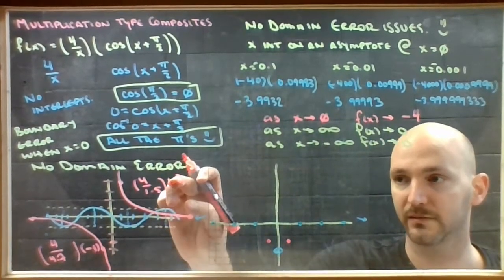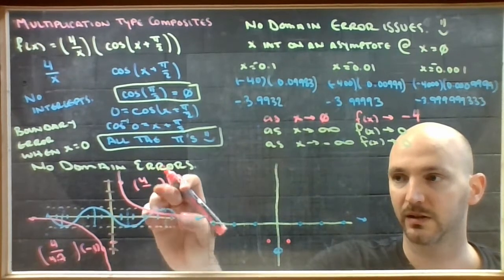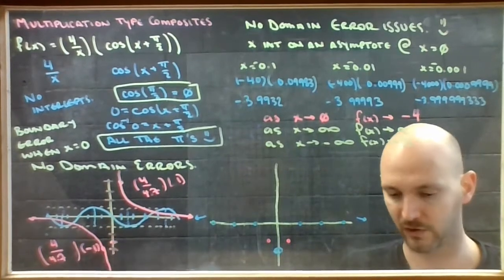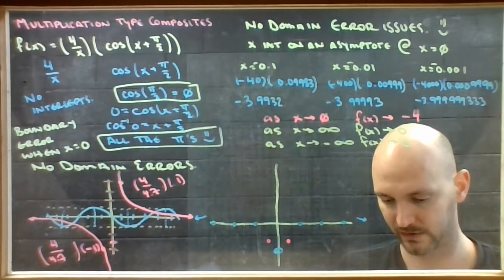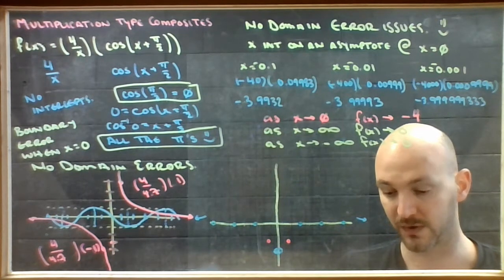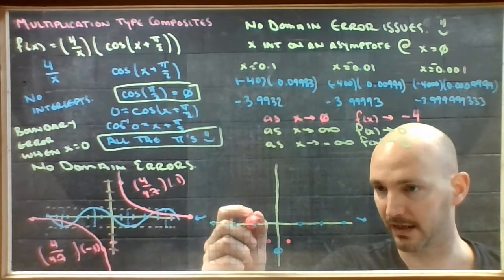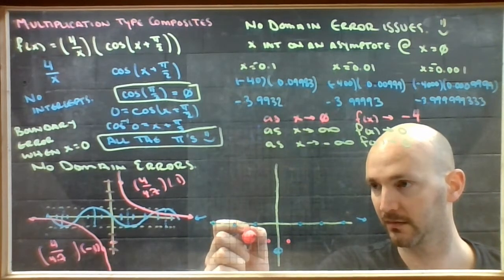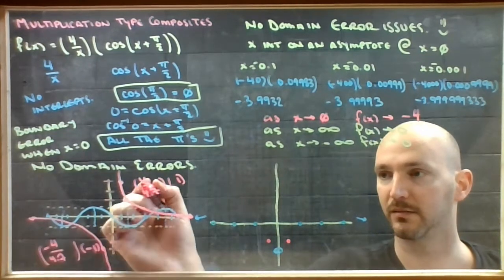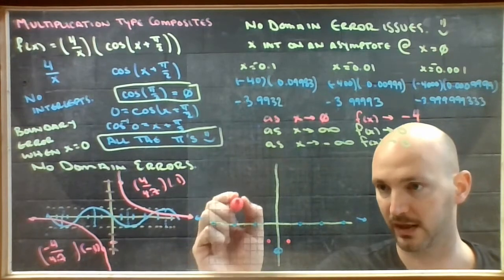On this side, it's a peak at 3 pi over 2, and 3 pi over 2 is approximately 4.7. So whatever 4 divided by 4.7 is, I end up with 0.849. So on this side it will be negative. It's negative that, positive that. So negative times a negative is a positive at 0.848.